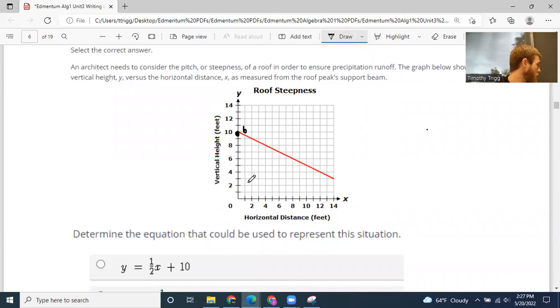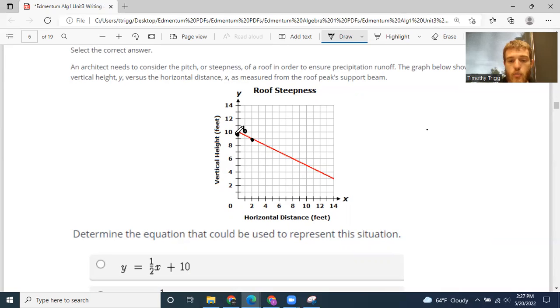Well, what's our slope in this case? Well, I hope you can see that our slope is actually going to be negative because we're going down as we go from left to right. We can use any of the other coordinates to help us out here. I'm going to use this coordinate point here. So what's my slope?